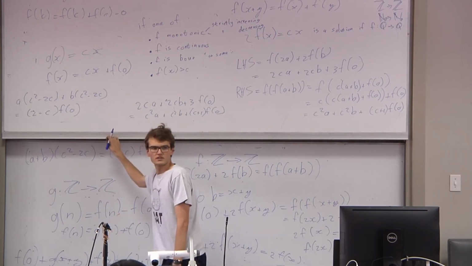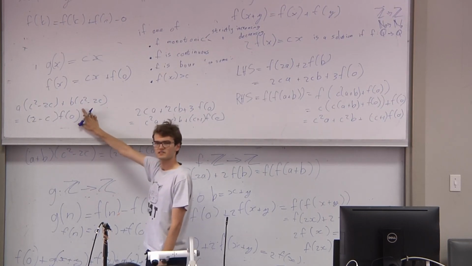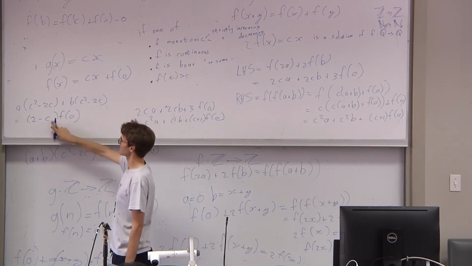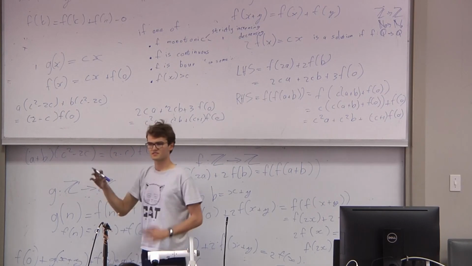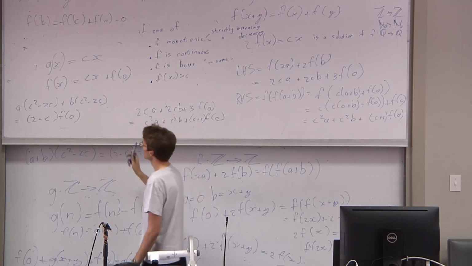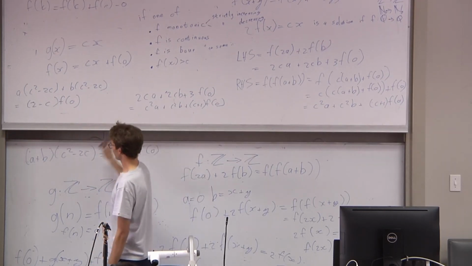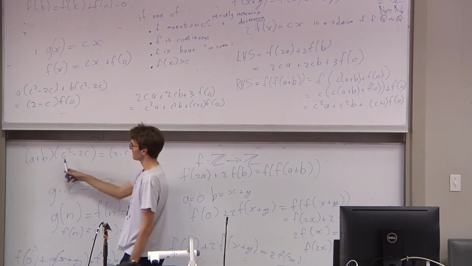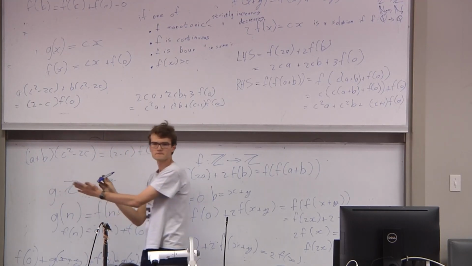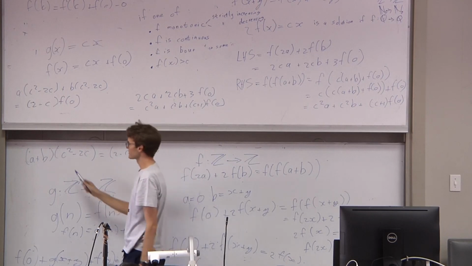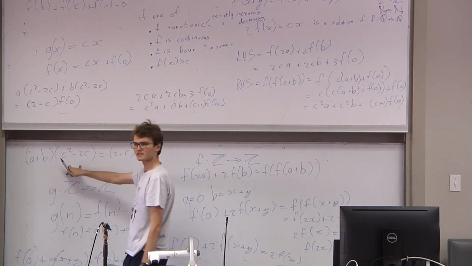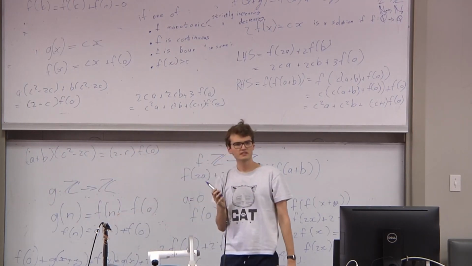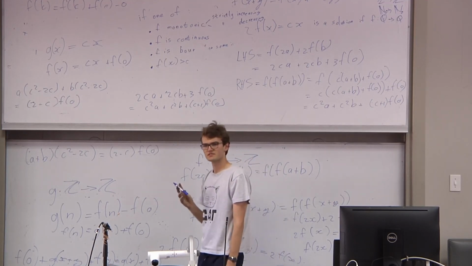Now, notice that 2 is constant, c is constant, and f of 0 is a constant. But this is a plus b times some constant. So if you have something that changes times a constant equal to a constant, then those constants must be 0.